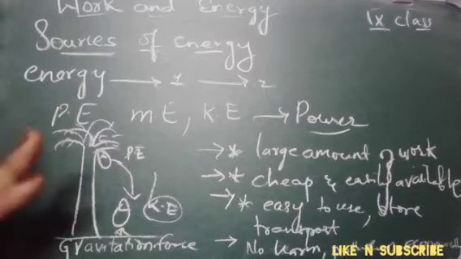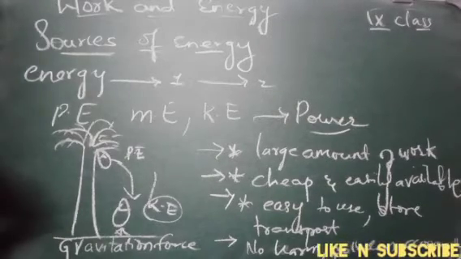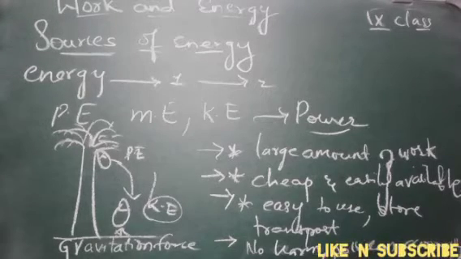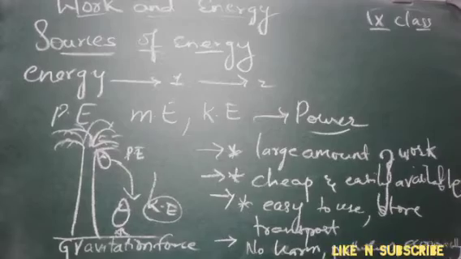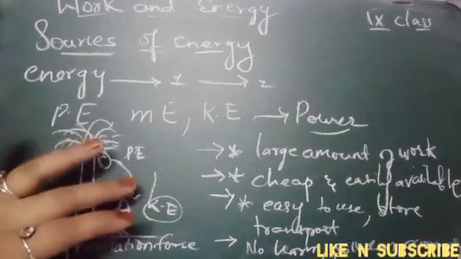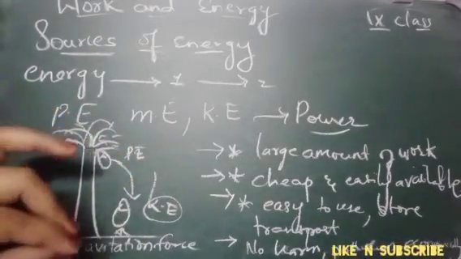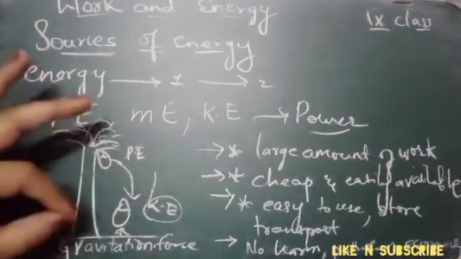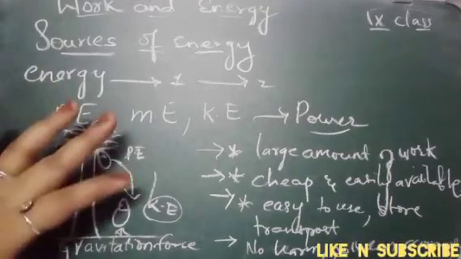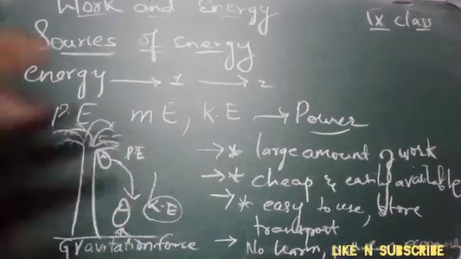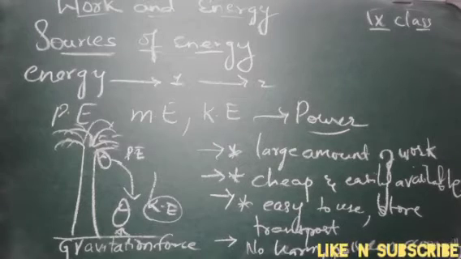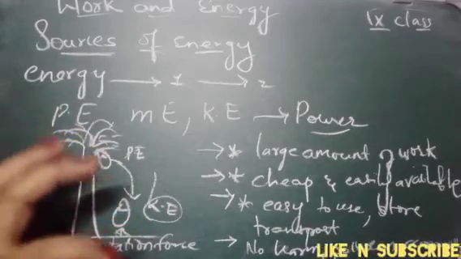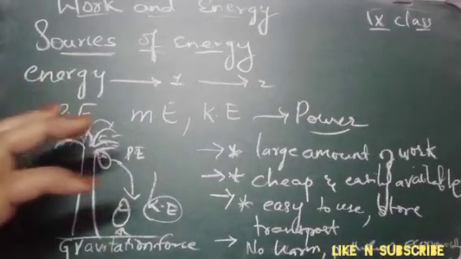It should do a large amount of work per unit volume or unit mass of source. It should be very cheap and easily available. It should be easy to use, to store and to transport. It should cause no harm and no pollution, and it should be most economical. These are the good features of good sources of energy.